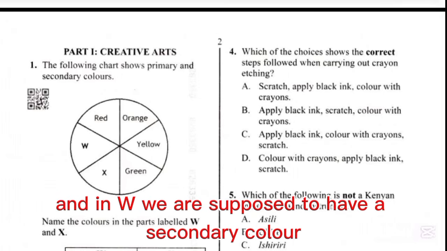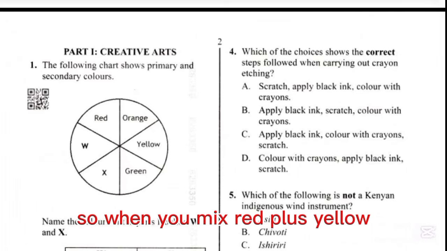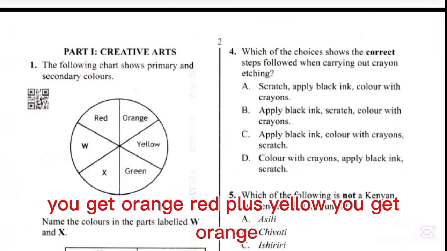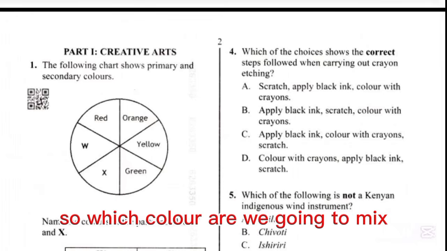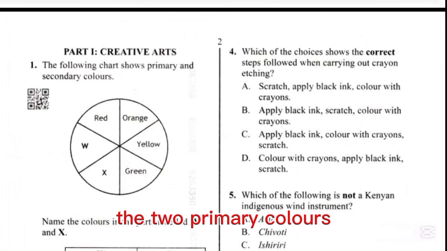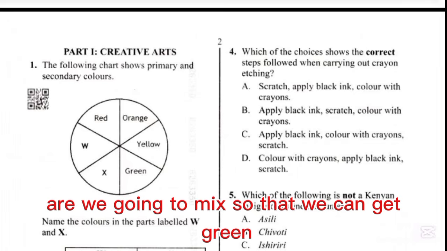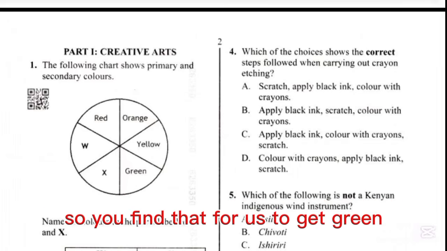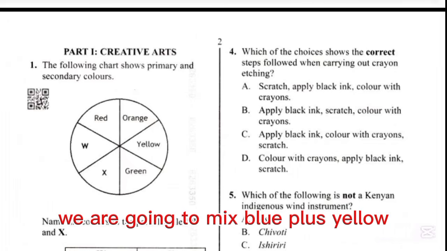In X we are supposed to have a primary color, and in W we are supposed to have a secondary color. When you mix red plus yellow, you get orange. So which two primary colors are we going to mix so that we can get green? For us to get green, we mix blue plus yellow.